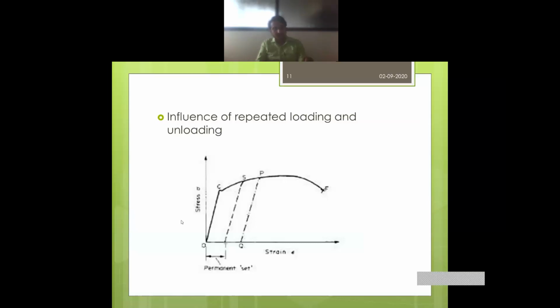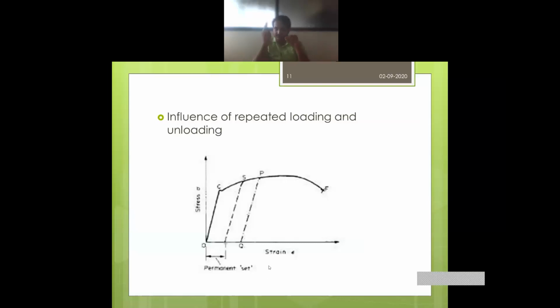From the graph we can also observe that when we repeatedly load again and again, in each of the cycles, from 0 to the yield point, or 0 to S, 0 to P, that is ST and PQ are straight lines, that is, linear in nature.